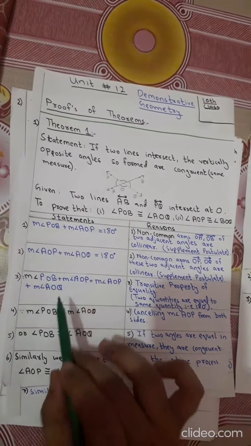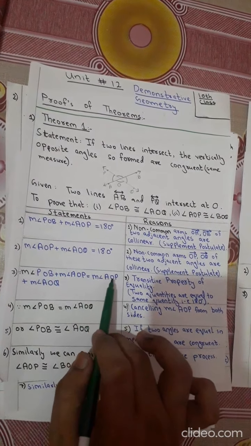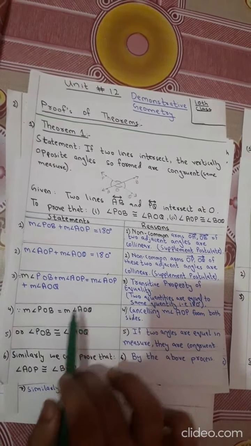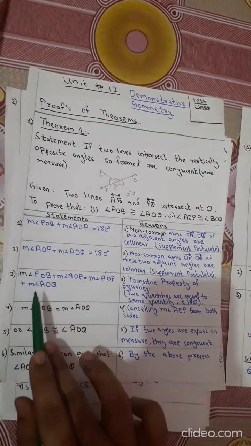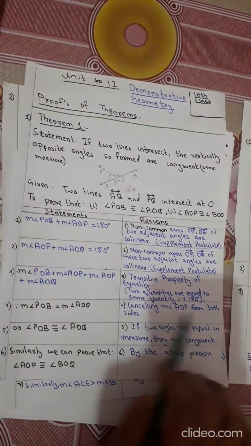Now on both sides of the equality there is AOP. If we cancel this AOP from here as well as from here, it will be POB equals AOQ, cancelling measure of angle AOP from both sides.